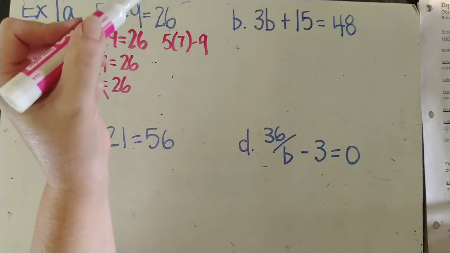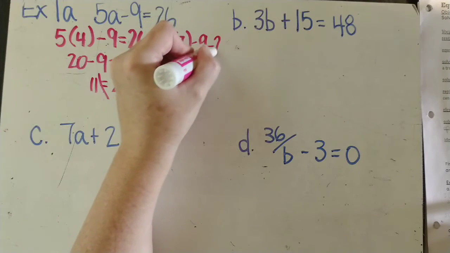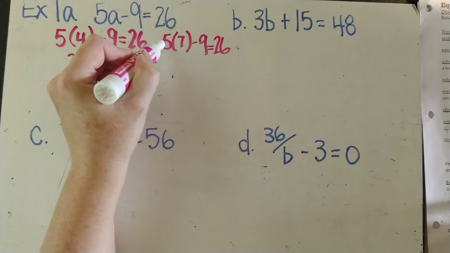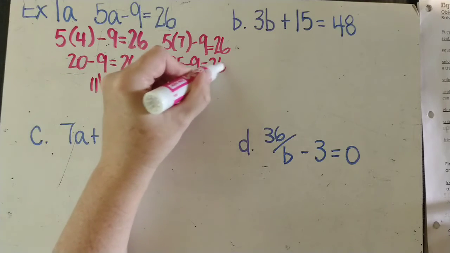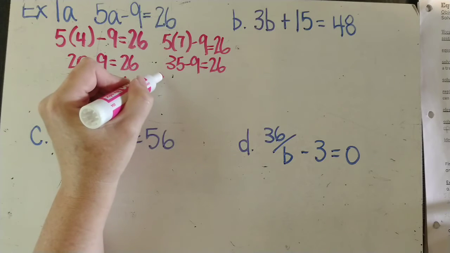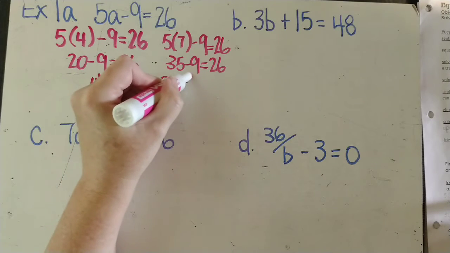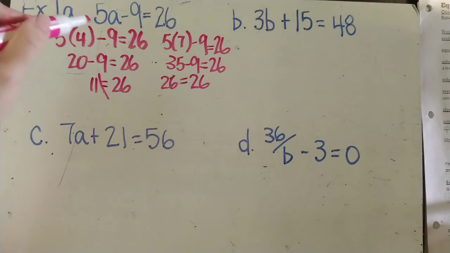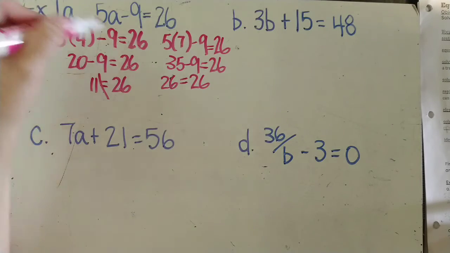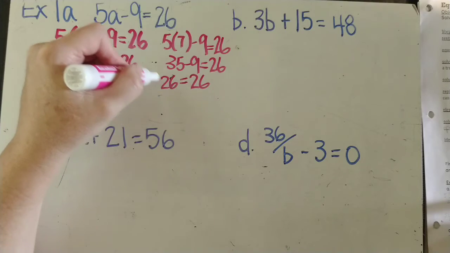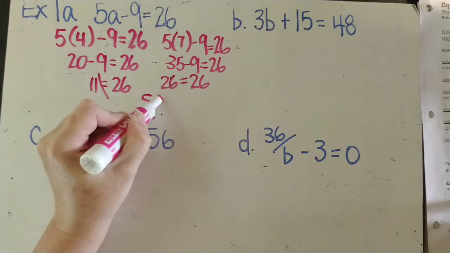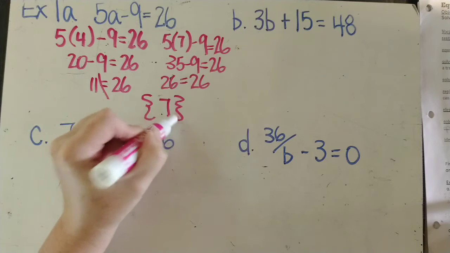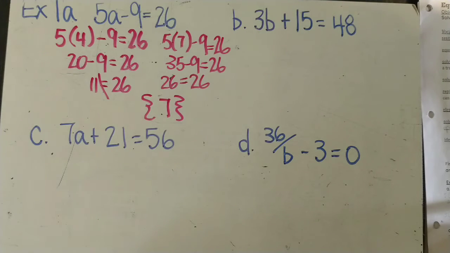So 5 times 7 minus 9, does it equal 26? 5 times 7 is 35. 35 minus 9 is 26. Our answer that we are going to put in our solution set is not 26, but the value that we substituted. So your final answer in braces is 7.